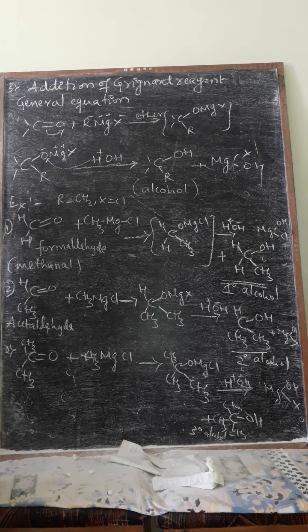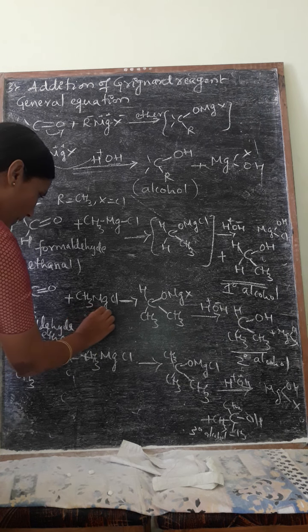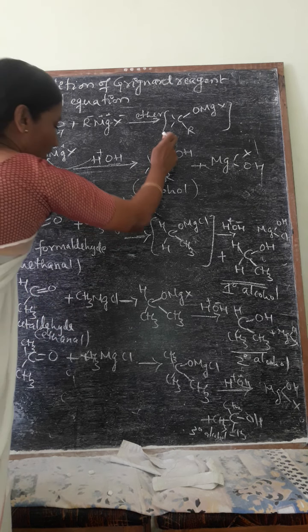Come to the second example. The example I have taken is acetaldehyde. Acetaldehyde is the common name, and the IUPAC name is ethanal. What is the product here? With methyl magnesium chloride, again the same reaction mechanism is carried out.